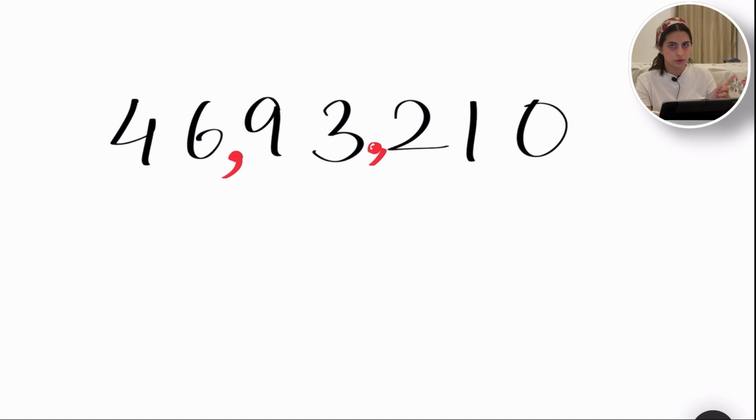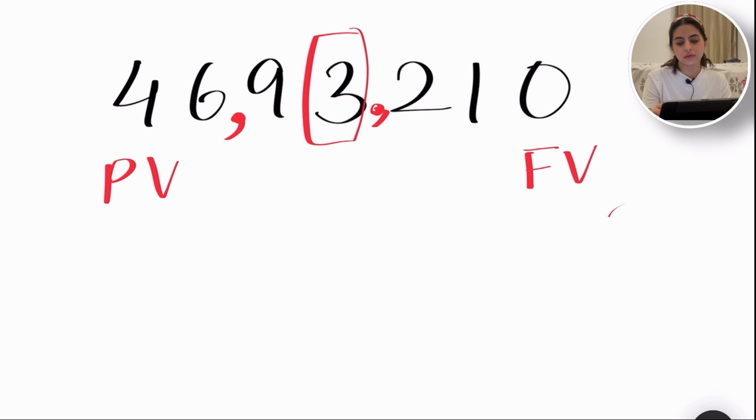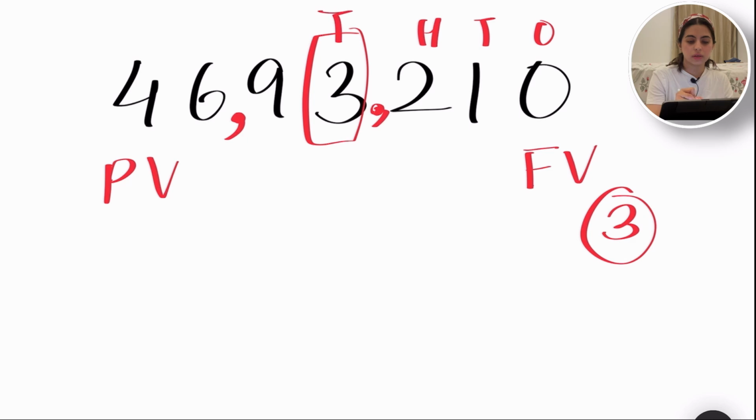Difference is subtraction. Find the difference between the place value and face value of the digit 3. PV, place value, FV, face value. Face value of 3 would be 3 and place value of 3 would be 1000. So this will be 3000.